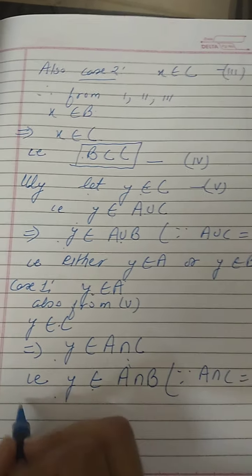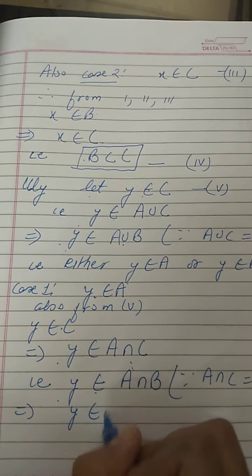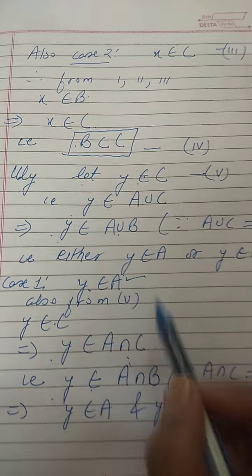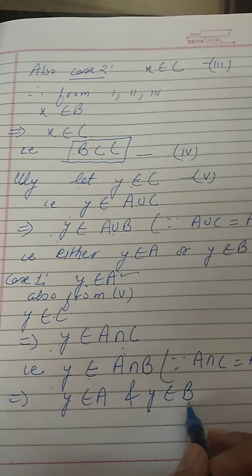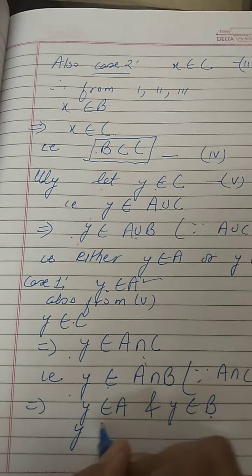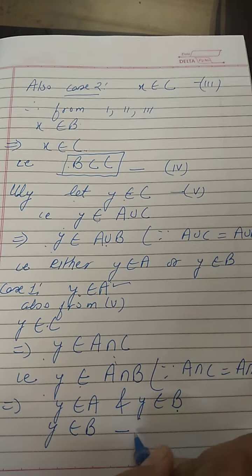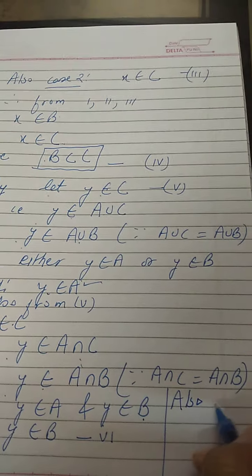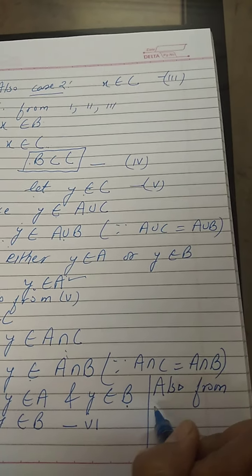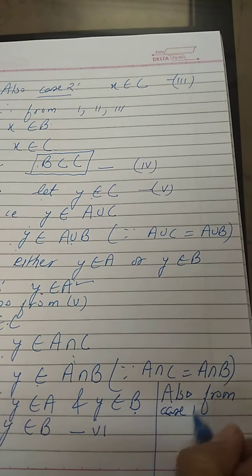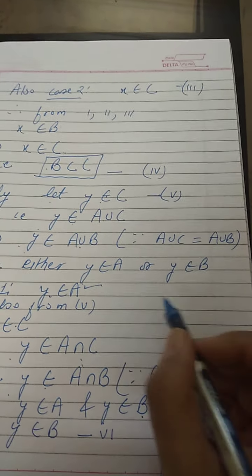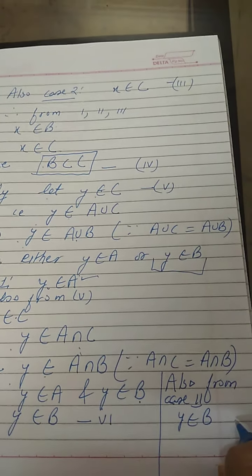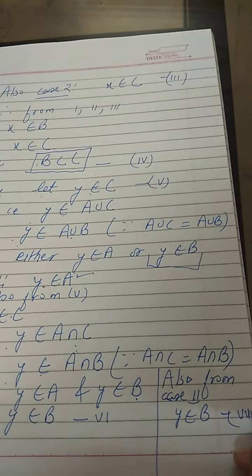If y belongs to A intersection B, it implies y belongs to A and y belongs to B. A already we assumed, it means we have achieved that y belongs to B. So y belongs to B, here we will mark it as equation number 6. Also from case 2, what we have assumed, that y belongs to B. Let us mark it as equation number 7.